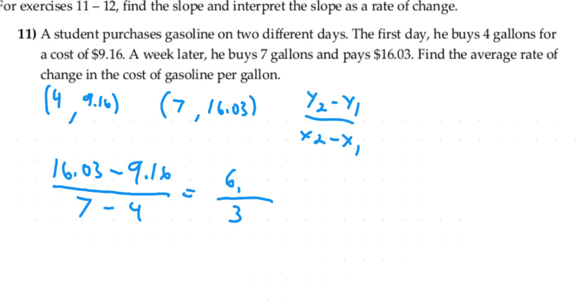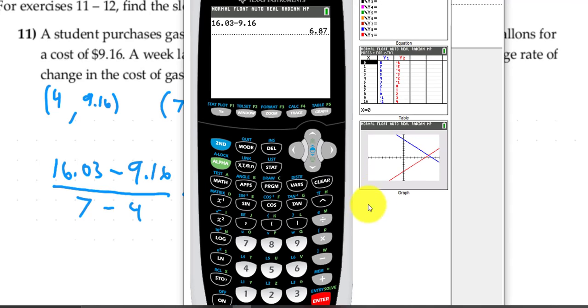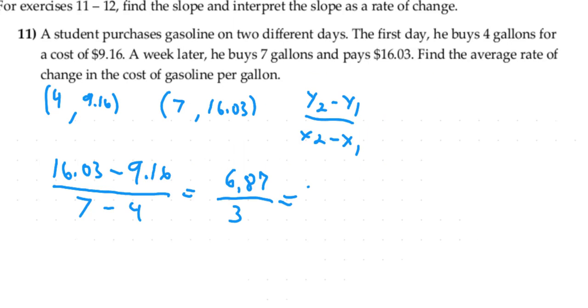So it's 6.87 divided by 3. Again, I'll use my calculator to do that. Divided by 3, and I get 2.29. So the average rate of change in the cost of gasoline per gallon is $2.29.